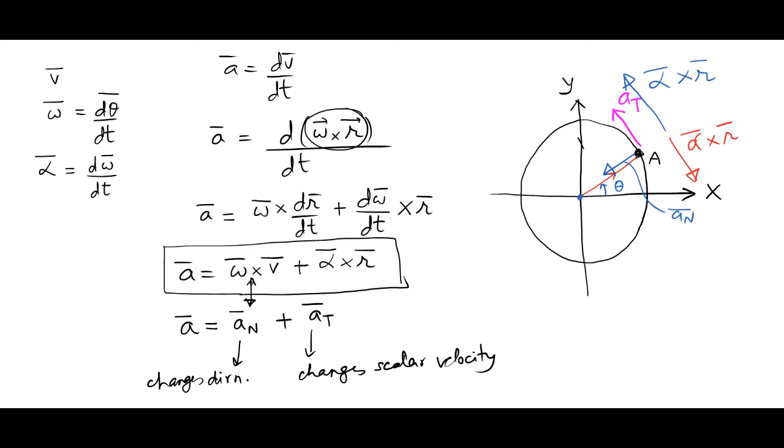So the normal acceleration, or the centripetal acceleration, is actually equal to omega bar cross v bar, and the tangential acceleration, whether it's in the forward or in the backward direction, is always going to be equal to alpha bar cross r bar. And there's another way to express this. So what we do is we recognize that, look at the first component, omega bar cross v bar.